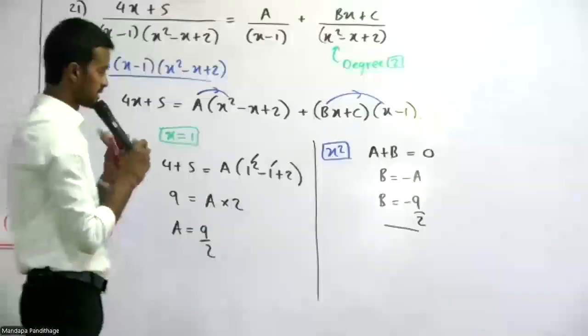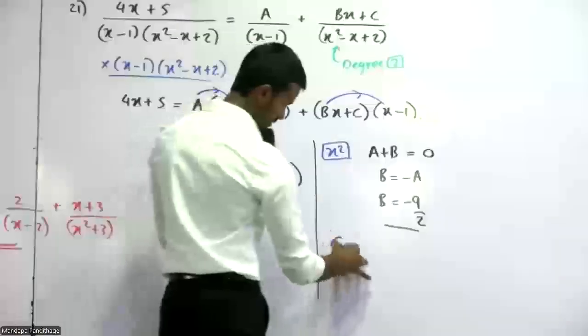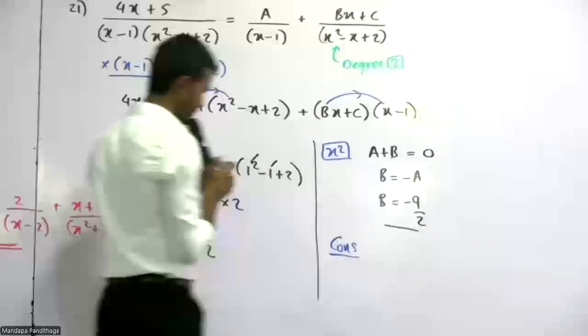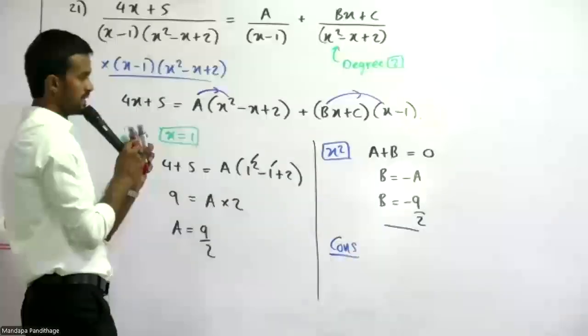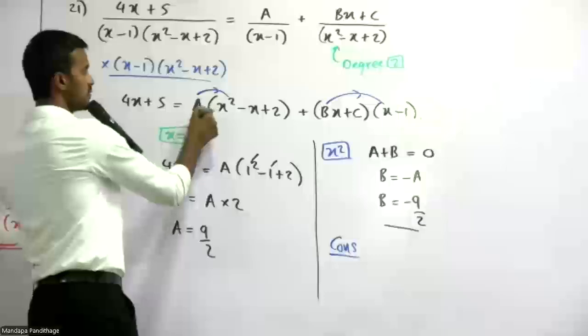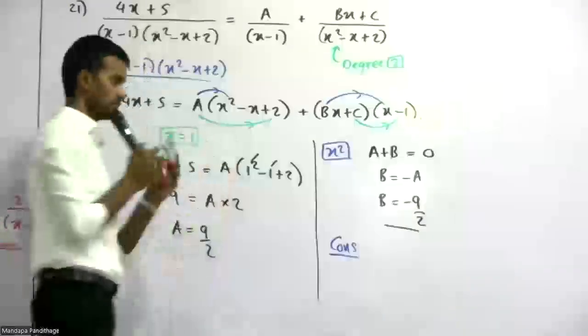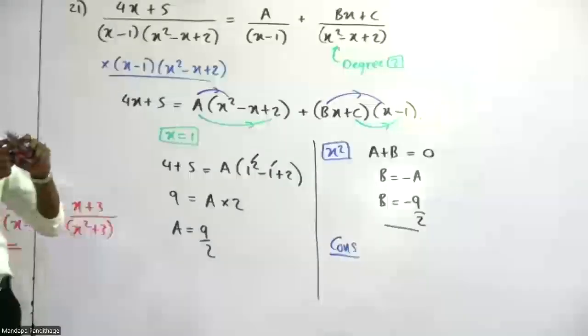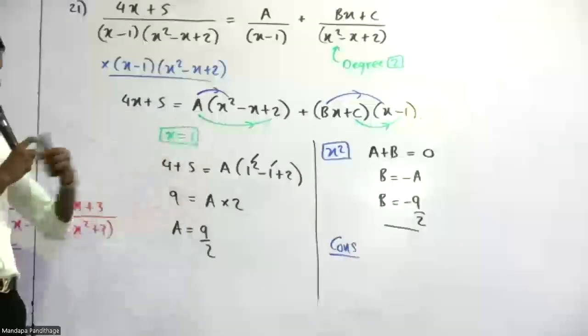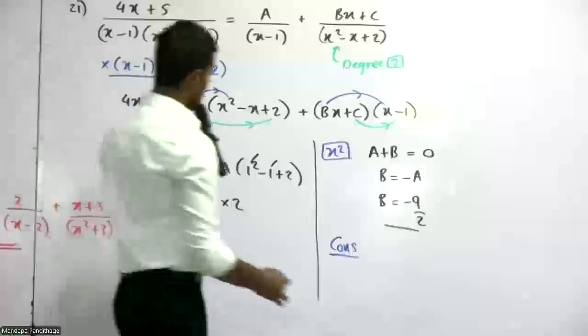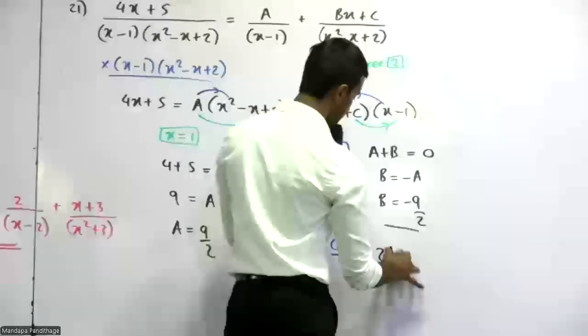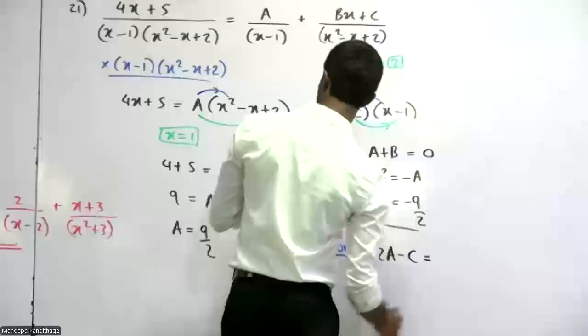Consider the constant. Look at the places that we get a constant. It's A into 2 and C into minus 1. So we get a constant with A into 2 and C into minus 1. So it's 2A minus C is equal to, what is the constant here?